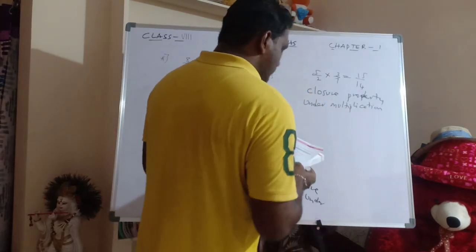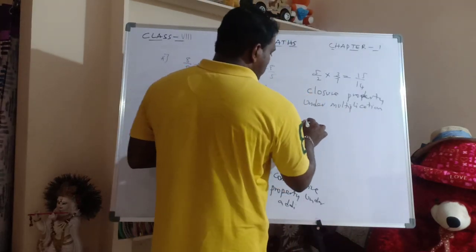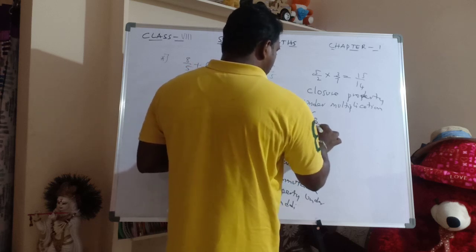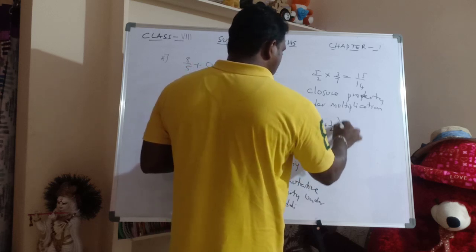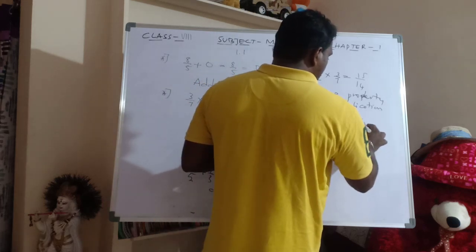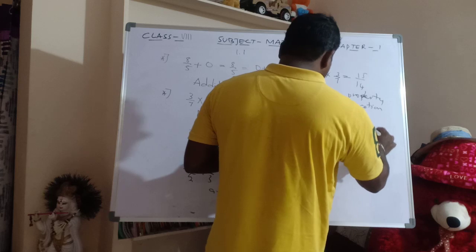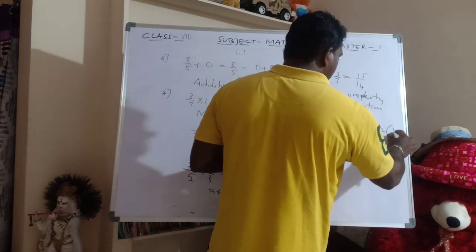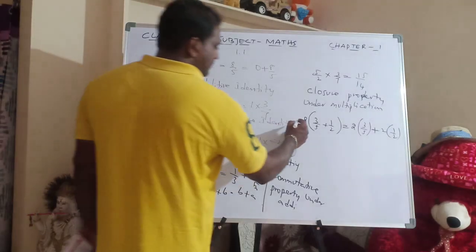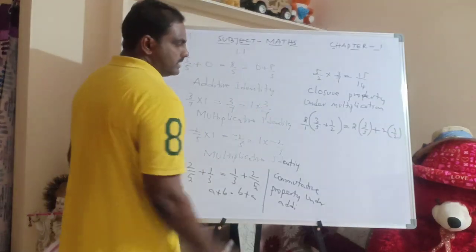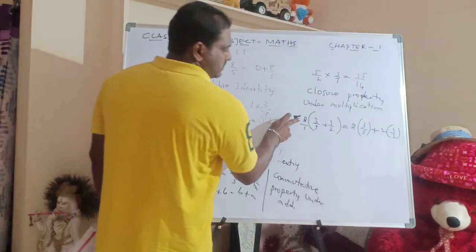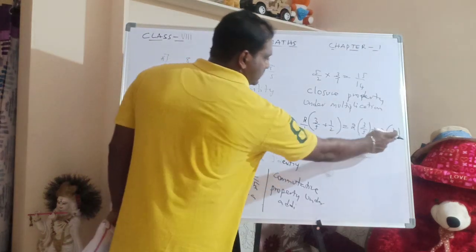Next, now I'll go for question number 2. Look at this: 2 into 3 by 5 plus 1 by 2 is equal to 2 into 3 by 5 plus 2 into 1 by 2. This is yesterday's topic. 2 by 1 is nothing but one rational number. The bracket is multiplied, so this multiplication is going to distribute over the addition.